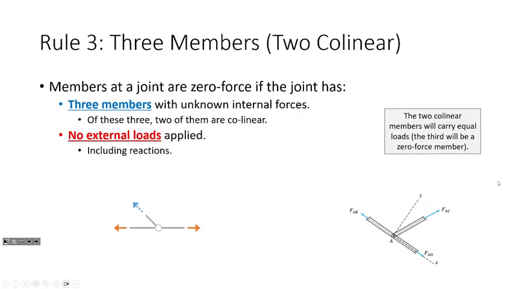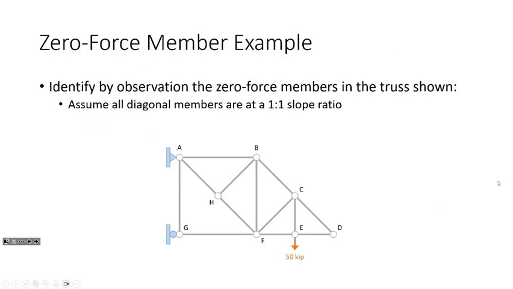Last rule, if I have a joint like this where I have 3 members, no external loads, but 2 of the members are parallel, this member equals this one, that one's 0. How did I do that? Again, sum of forces in the y direction. The vertical component's got to be 0, so the horizontal component's got to be 0. Okay? Make sense? Let me show you this in practice.